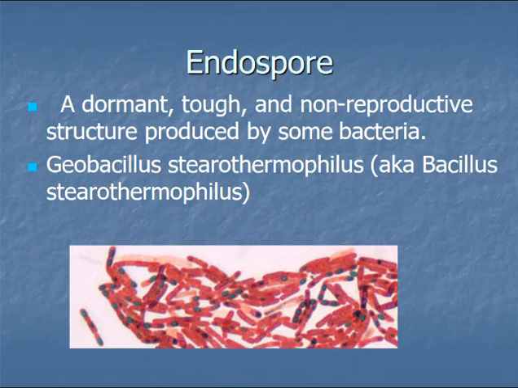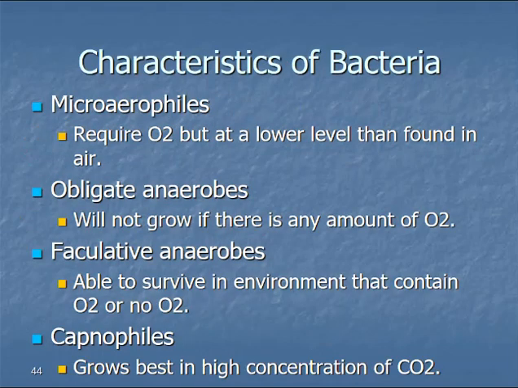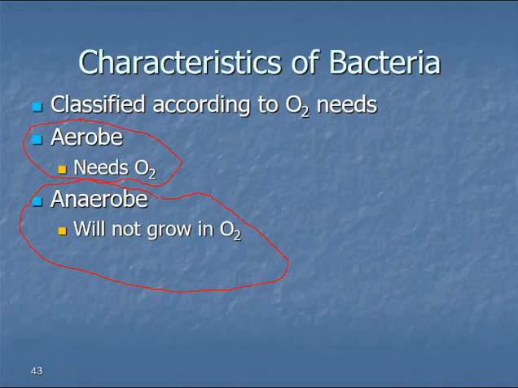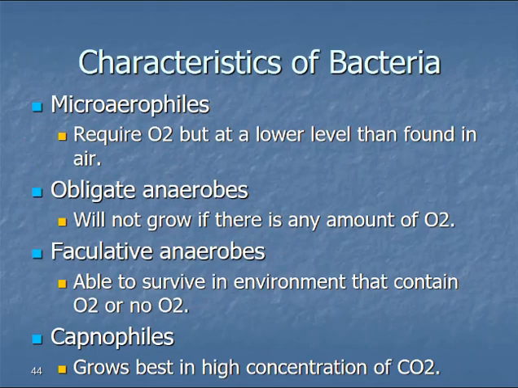Oops, going a little too far, sorry. All right, here we go. All right, and so there's a few different ones here. So microaerophiles require low oxygen, less than what's in your room air, but do need a little bit of oxygen.